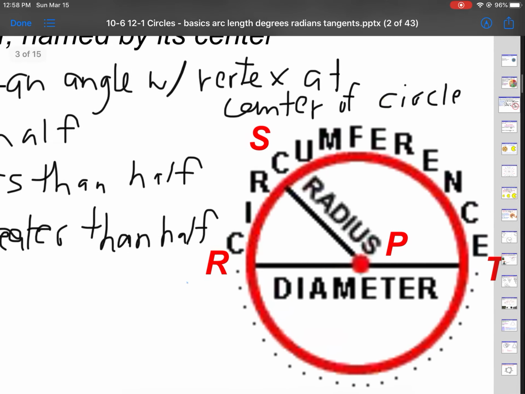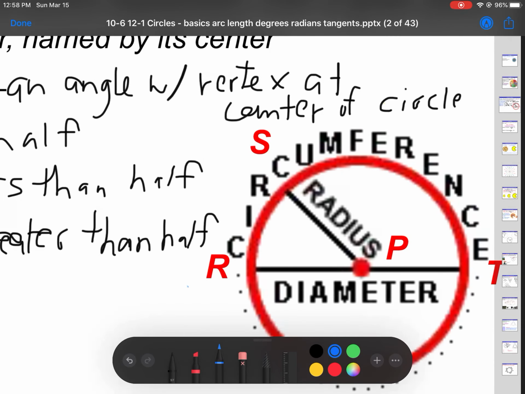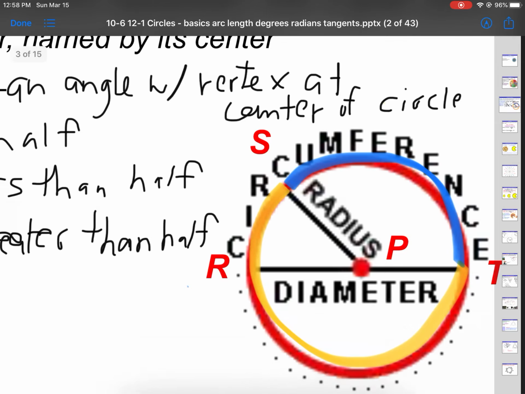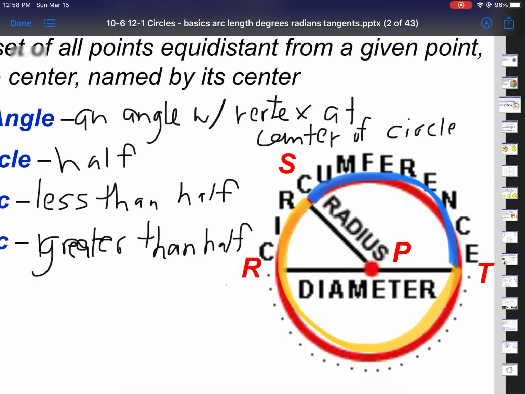So if we look at this picture here, let's use blue. So this would be a minor arc because it's less than half. The yellow, or the blue, and then the yellow, that would be a major arc. Okay.